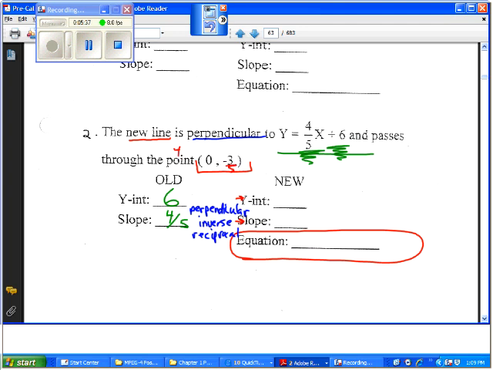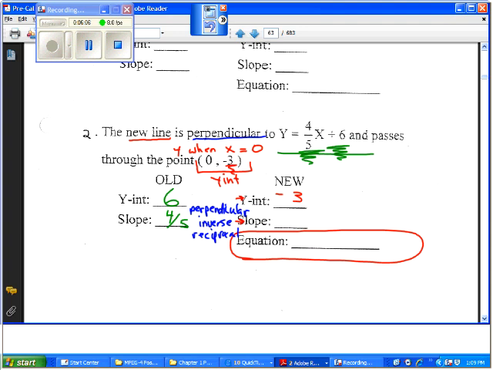It's y when x equals 0. And what is that the definition of? The y-intercept. The y-intercept is the value of y when x is 0. So that's just another way of telling you what the y-intercept is. On the new one, it's a negative 3. Y when x is 0. I can say the y-intercept is this, or I can give it to you as an ordered pair.